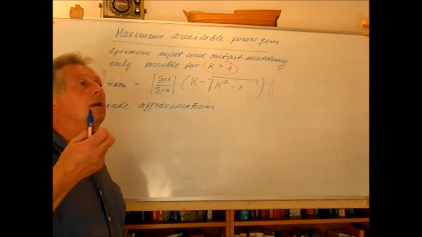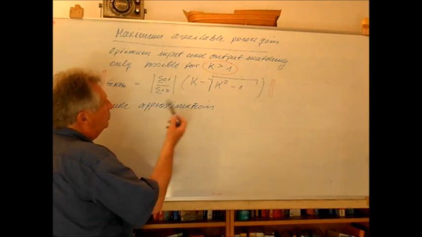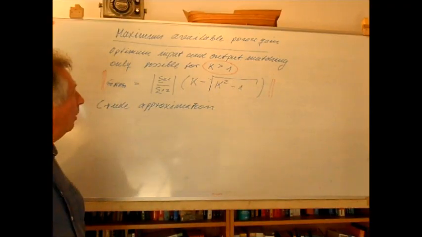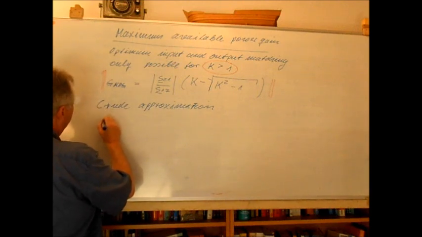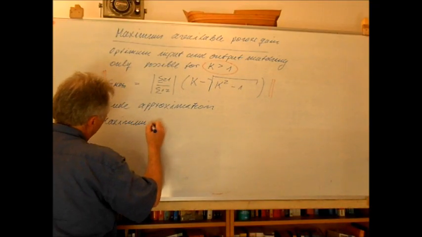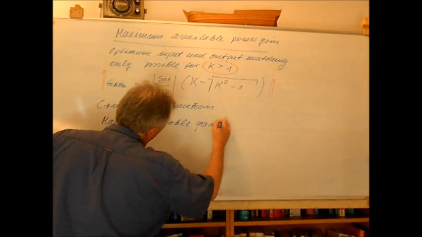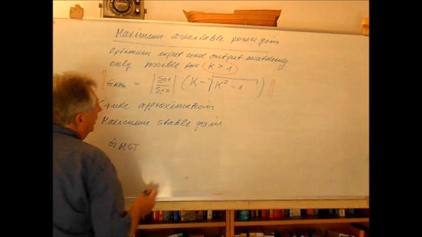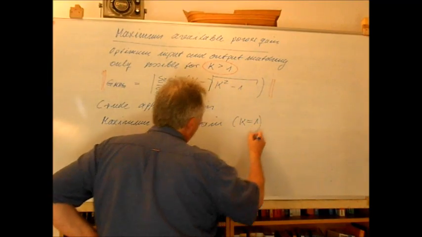This means we can somehow always change the circuit so that K equal to 1 is reached, and then we get the so-called maximum stable gain, and normally this is written GMSG. And to get the maximum stable gain, we just assume that we somehow realize K equal to 1.